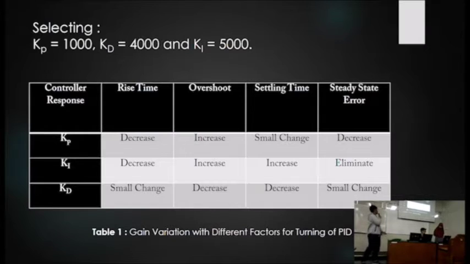And the differential gain in the rise time will be a small change. It will change depending on time or some situation, and the overshoot will be decreased, and settling time will be decreased, and steady state error will probably be the same.